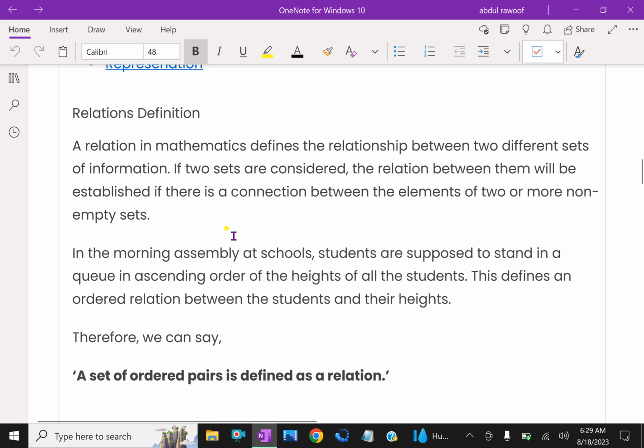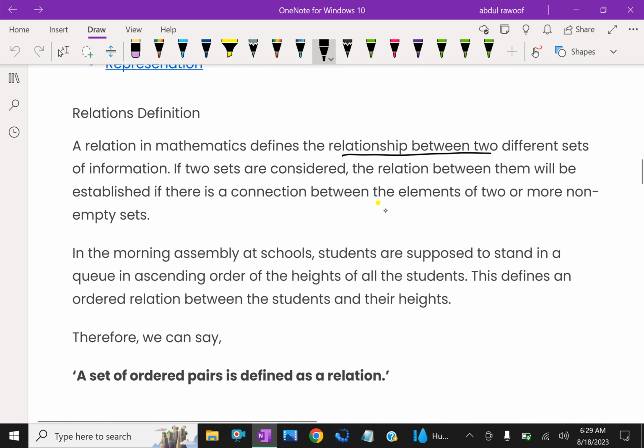Relations, simple definition. A relation in mathematics defines the relationship between two different sets of information. If two sets are considered, the relation between them will be established if there is a connection between the elements of two or more non-empty sets.